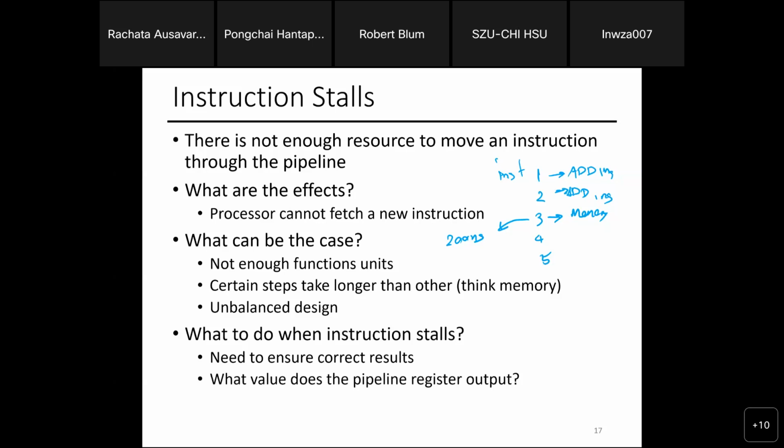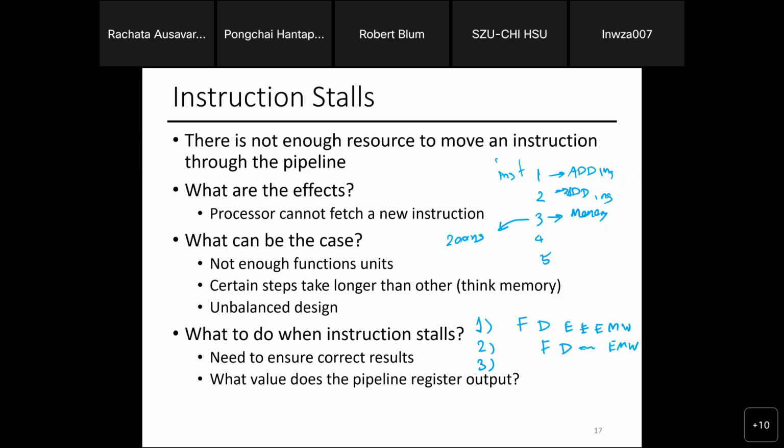Now, when you're stalling, the next issue is, if I'm stalling, what should my pipeline register output? Instruction 1: fetch, decode, execute, execute, execute, memory, write back. Instruction 2: fetch, decode, wait, execute, memory, write back. While I'm waiting, there's a pipeline register in the decoder that accepts the decoder input.